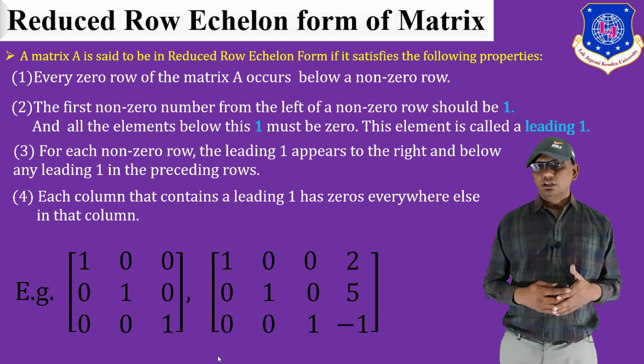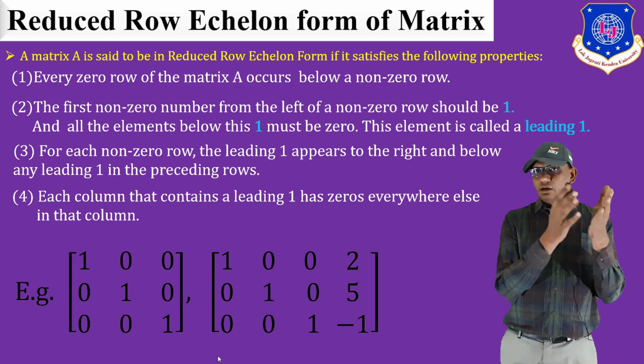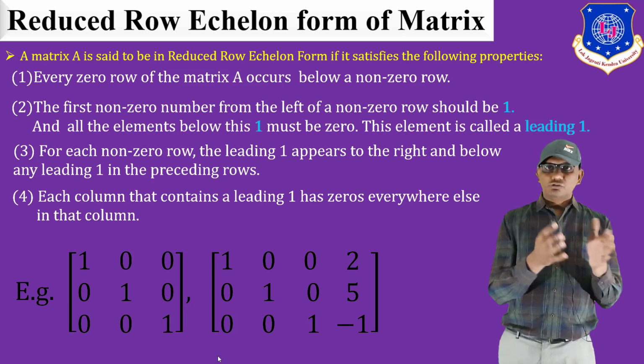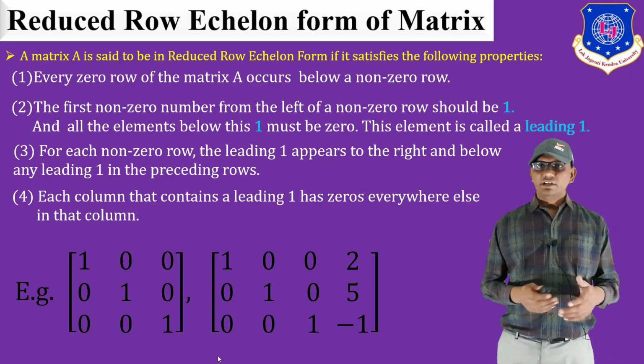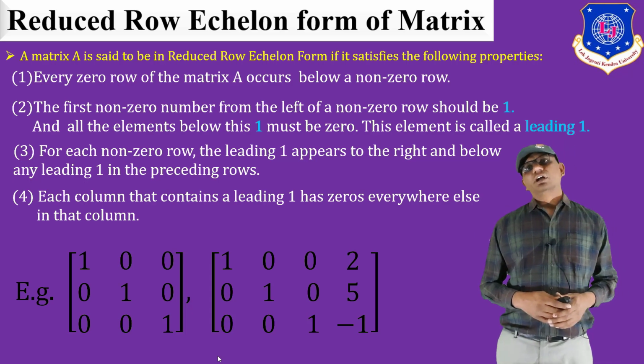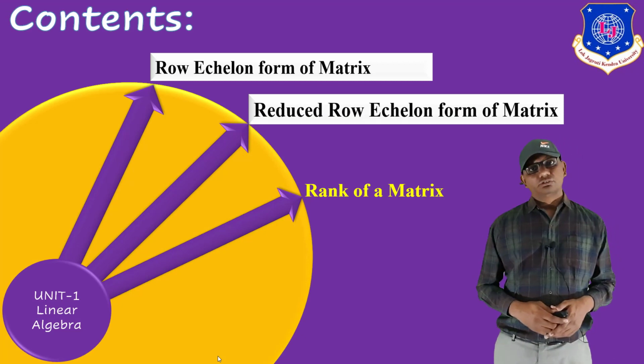So here we recall that a column which contains the leading one is called a pivot column, and a column which does not contain the leading one is called a non-pivot column. Now we will see one more topic in this syllabus.